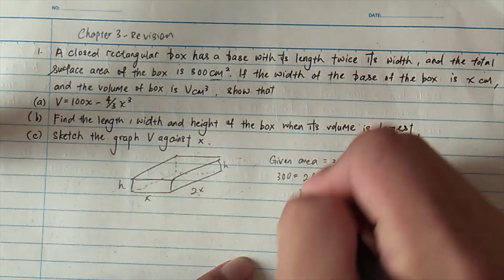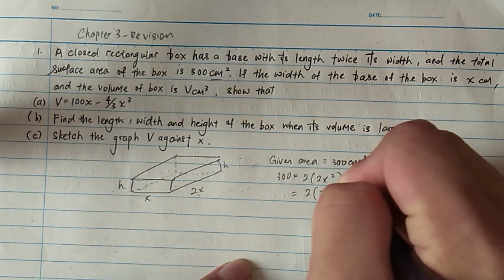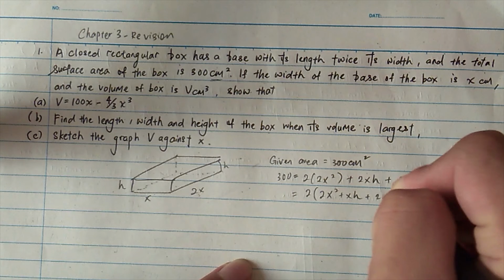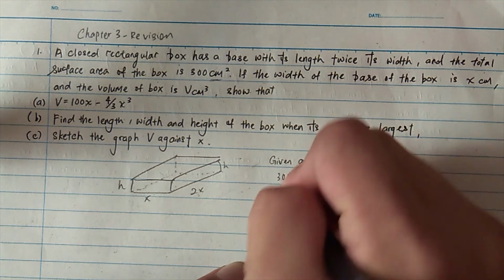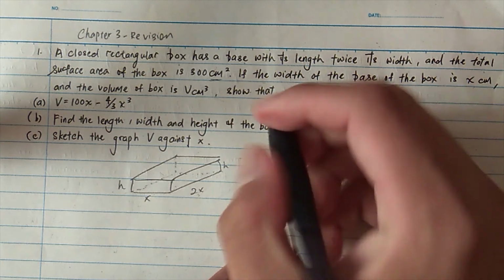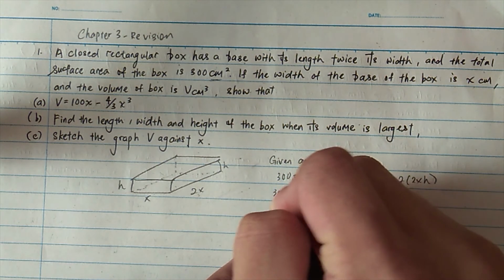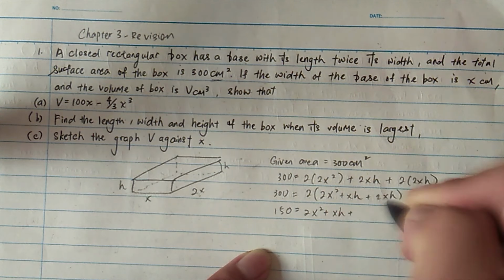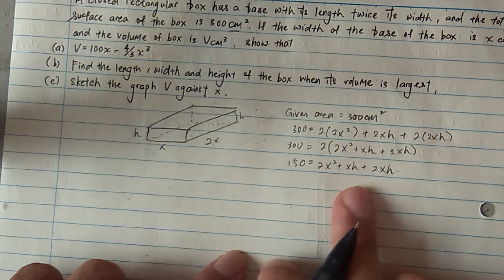So it becomes 2x squared plus 2xh plus 4xh, because the 2 can be factorized out. It's 300. Now we can do this, and then you multiply 300 by 2, so you get 2x squared plus 2x plus 2xh. Okay, so we can do this.